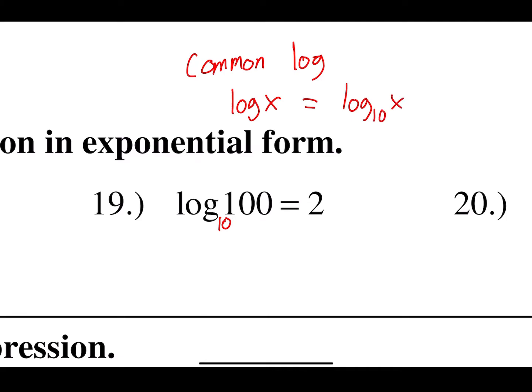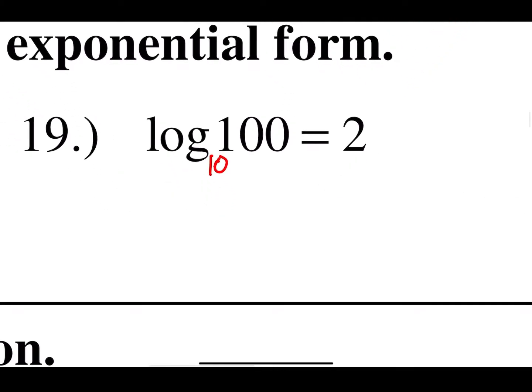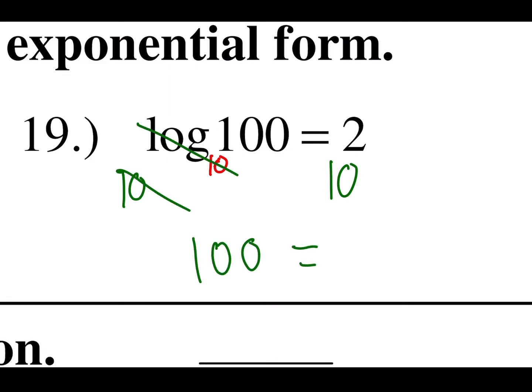So I want to get rid of the base 10. I take this whole side of the equation and make it the exponent of 10. Take the whole right side of the equation and make it the exponent of 10. 10 and log base 10 cancel. I'm left with 100 equals 10 squared. And that is indeed a true statement.